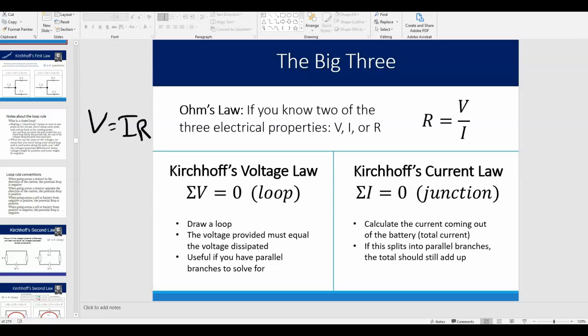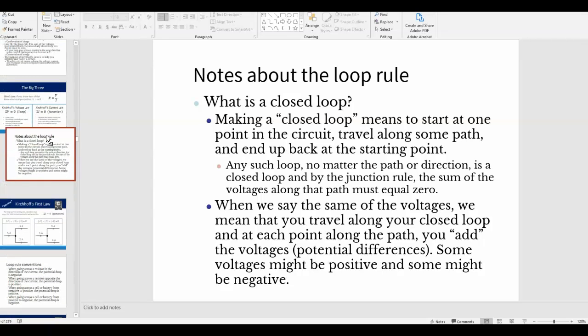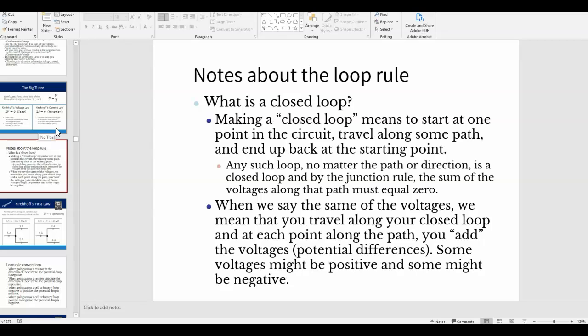The very last thing I want to leave you with is you might be wondering what the heck a loop is, so let me explain what a loop is before we end this video. The loop rule refers to if you make any closed loop, then the sum of all the voltages has to add to be 0. So what does that mean, a closed loop?